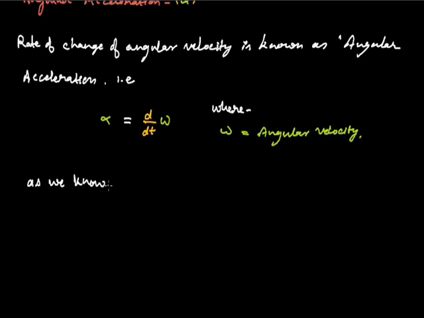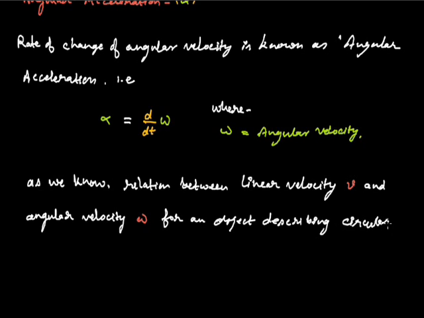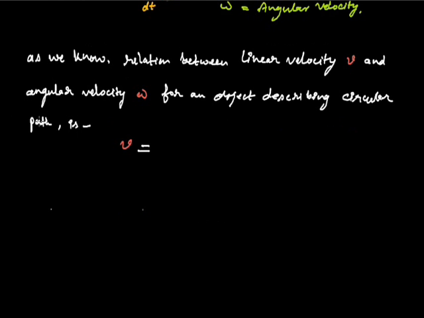As we know, the relation between linear velocity v and angular velocity omega for an object describing a circular path is v equals r omega, where r is the radius of the circular path.